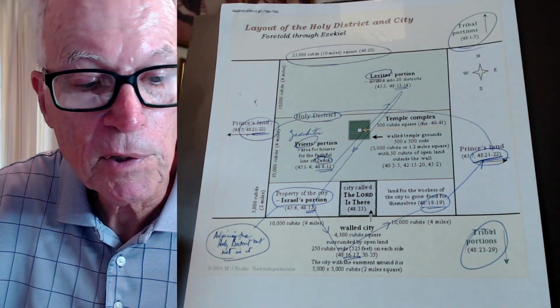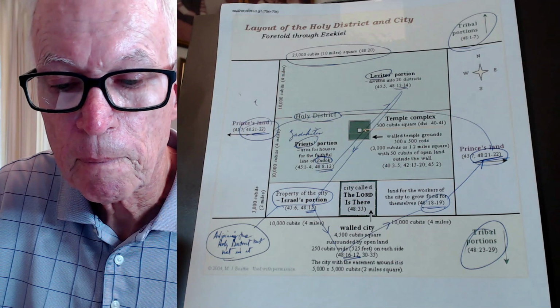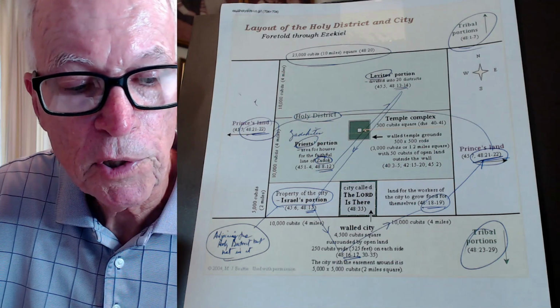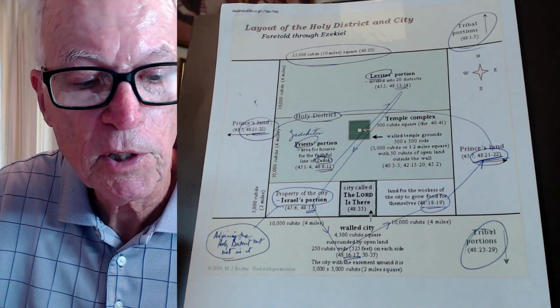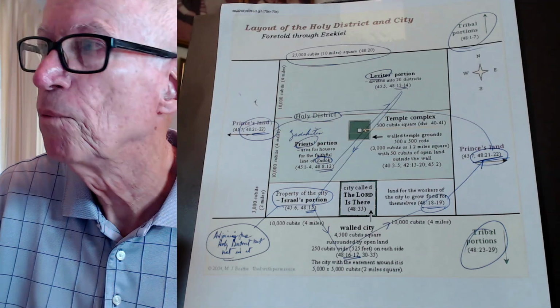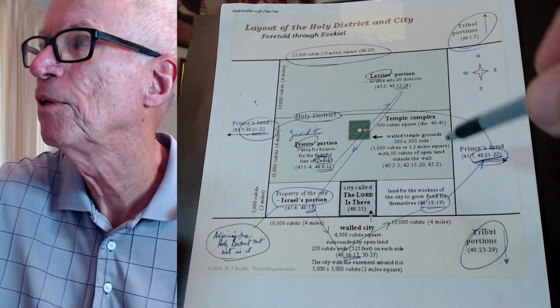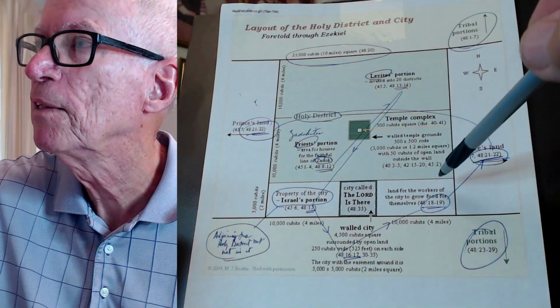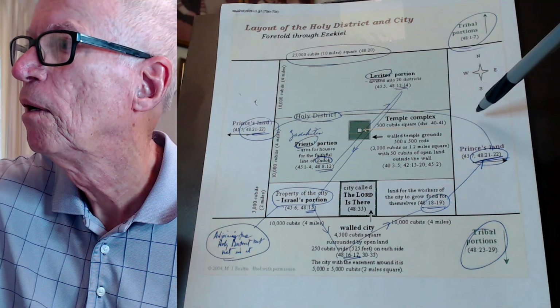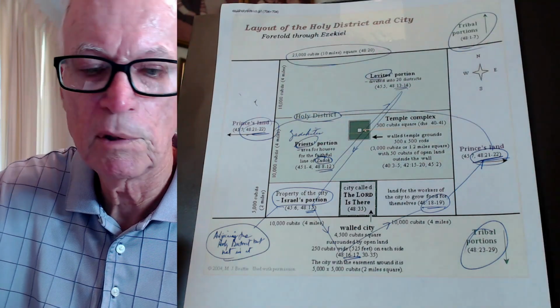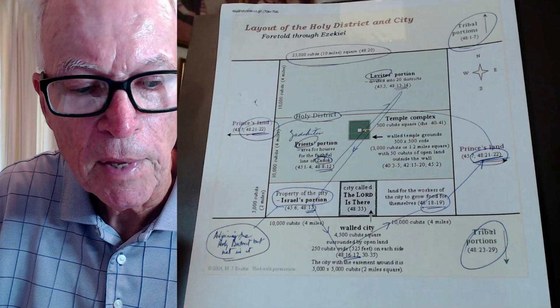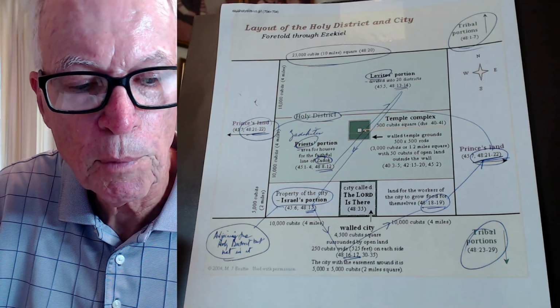Okay, verse 9: the special portion you are to offer to the Lord will be 25,000 cubits long and 10,000 cubits wide. So, not quite sure, I think this is the special portion offered to the Lord. This will be the sacred portion for the priests.